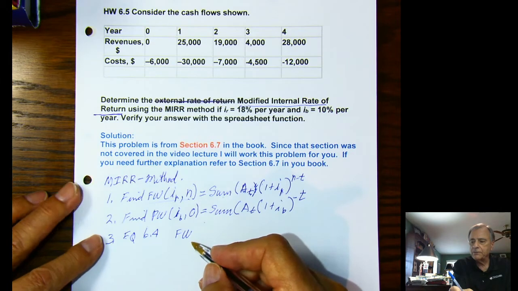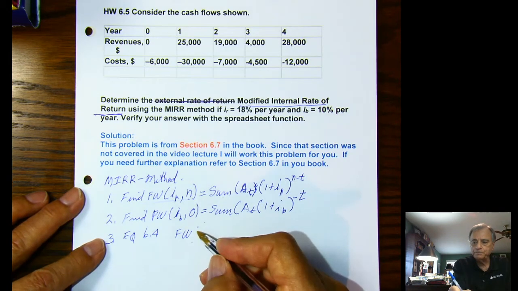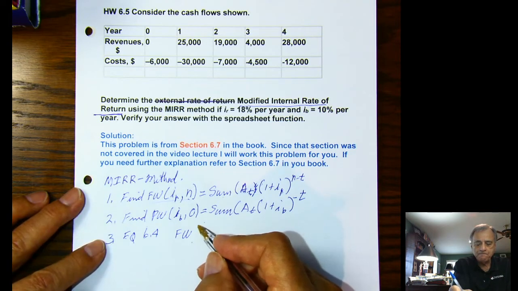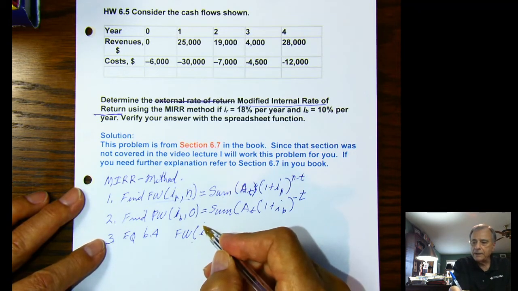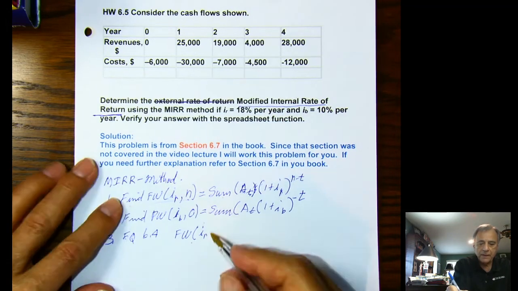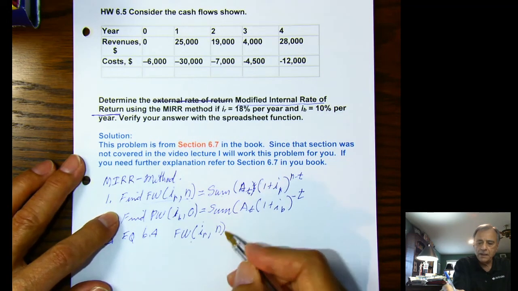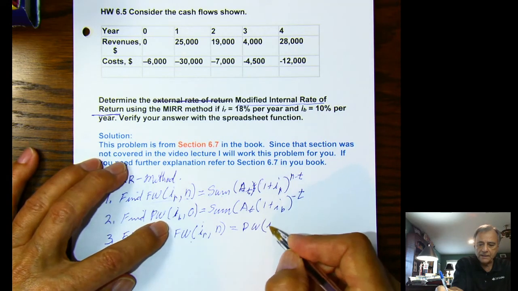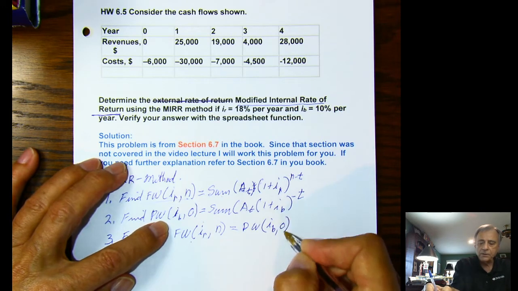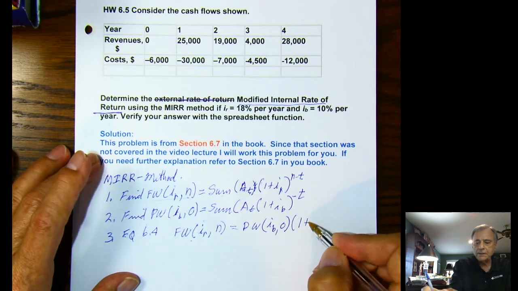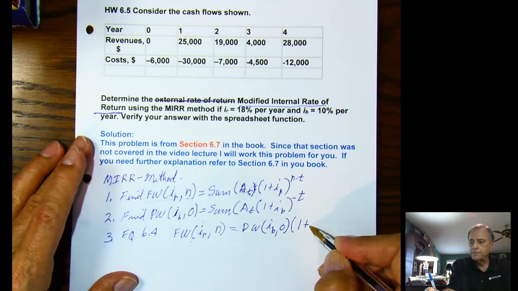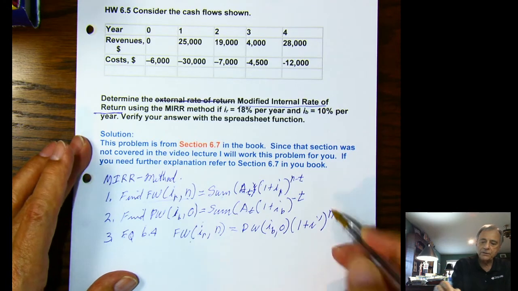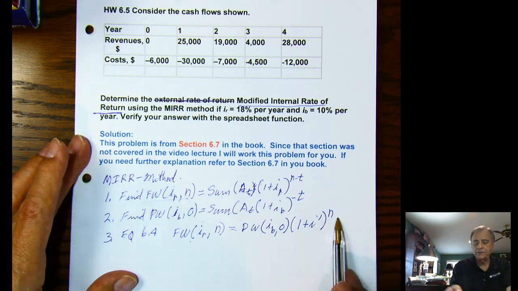So we'll say the future worth at the I sub R, this one here, and n equal to the present worth at I sub B and 0 times 1 plus I prime to the nth power. So this is going to take that present worth, take it out to the future.